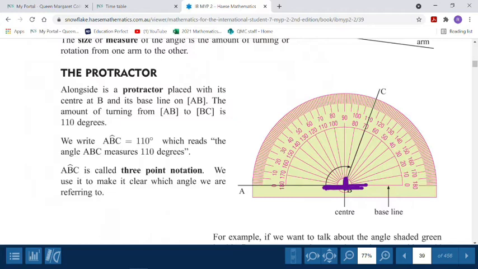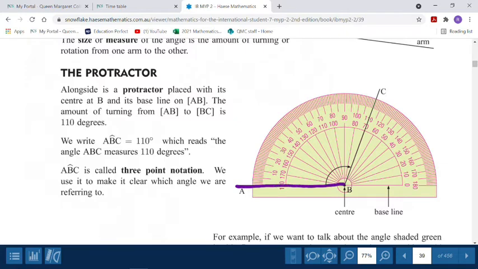A couple of things before we start measuring, guys, is some notation for angle. There are different notations for angle, and they give you one here. For this one particular angle, here's the thing we're measuring.